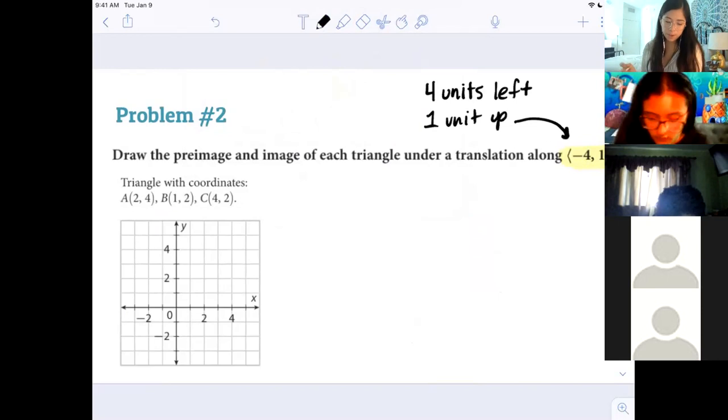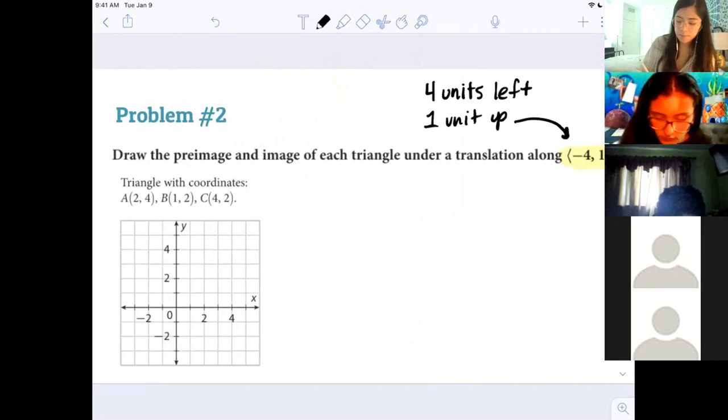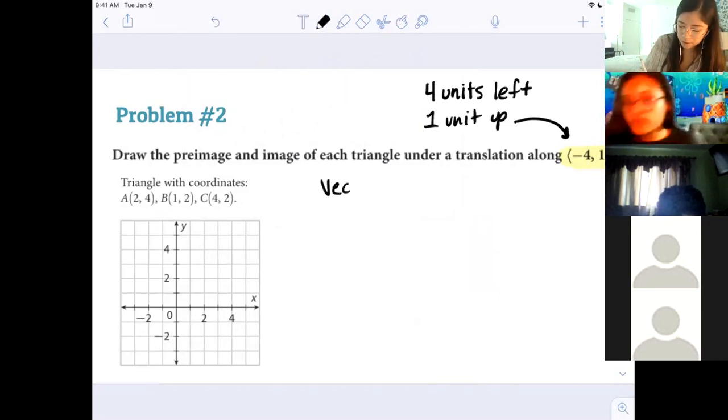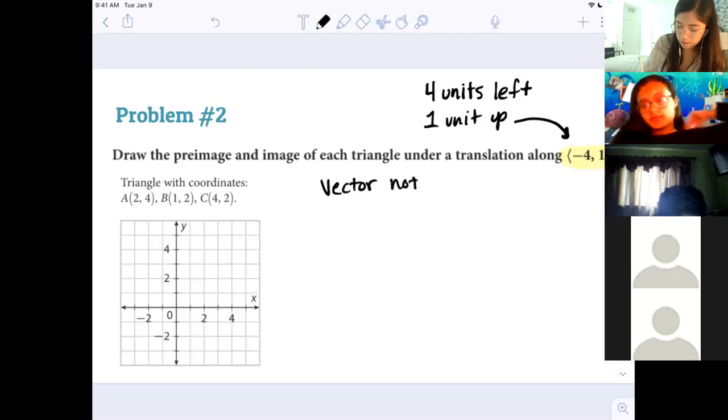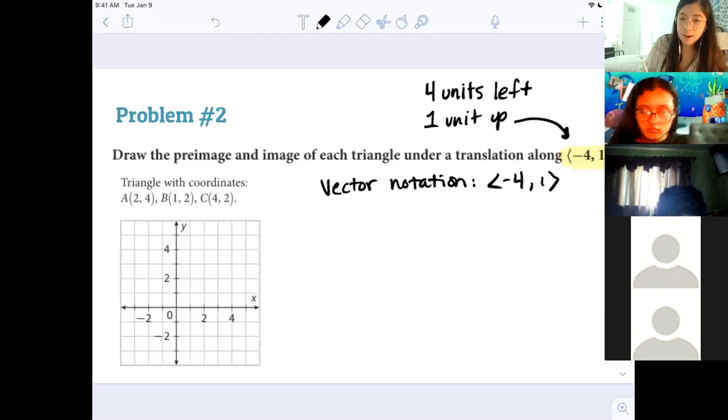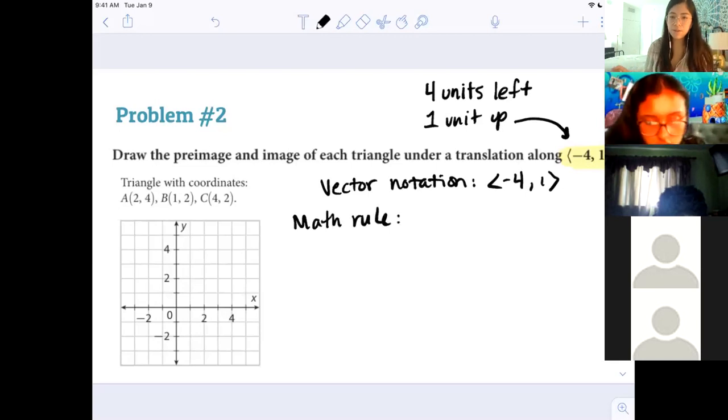Now, this is vector notation, right? -4, comma 1. But now I want to write it using a math rule. This is the other way that we know how to do it from the bell ringer.